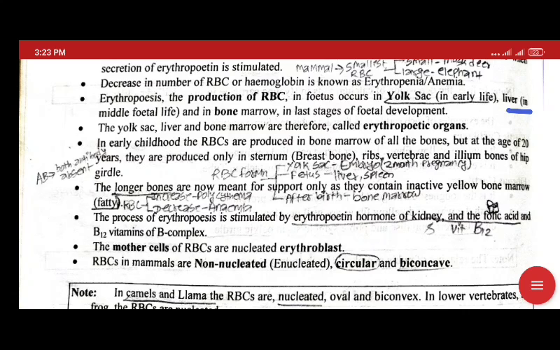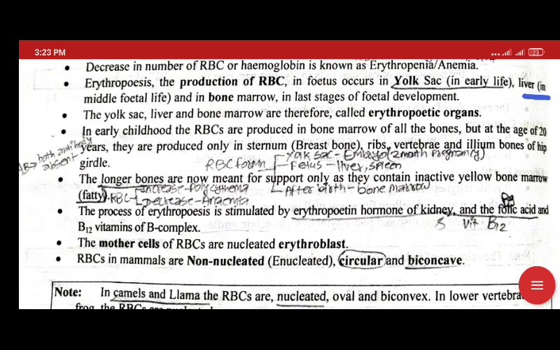We should know that RBC increase is called polycythemia and RBC decrease is called anemia. Low hemoglobin means low RBC.